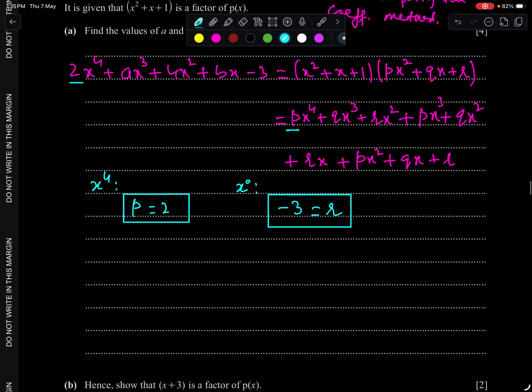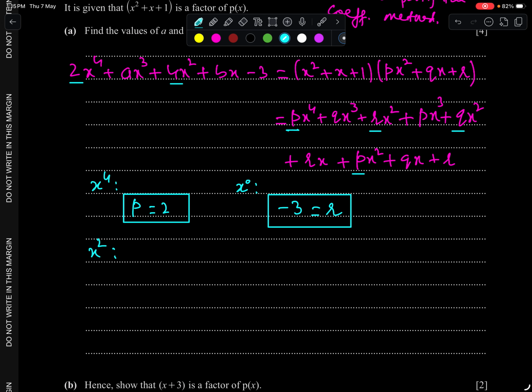Now I am comparing the coefficient of x power 2, x square. You have the option, you can compare cube at first. So the coefficient of x square: this is 4 here, and here we have p, r, q.